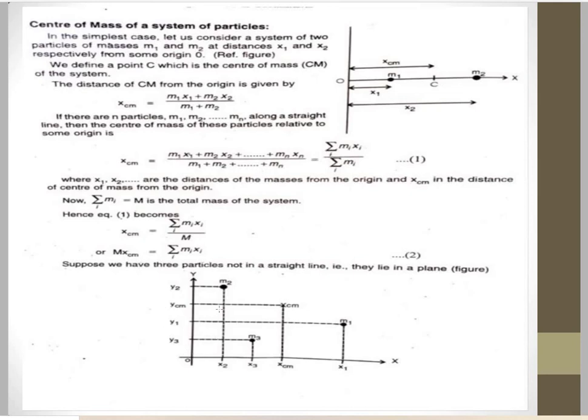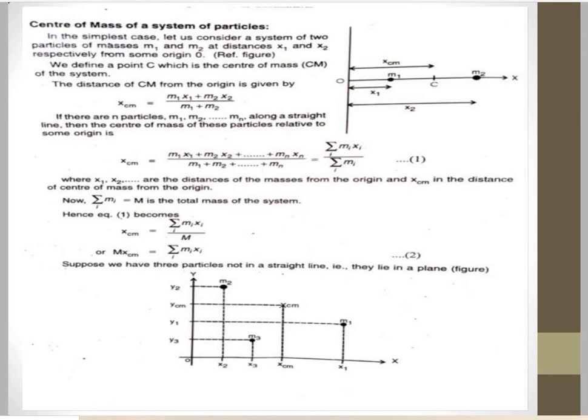Okay. Suppose we extend the particles placed in a straight line into a plane. Here suppose there are two coordinates x and y. Suppose m1, m2 and m3 are the particles placed in this plane. So each particle can be specified or defined by its coordinates. When we observe this center of mass, it is placed in between the points m1, m2 and m3.